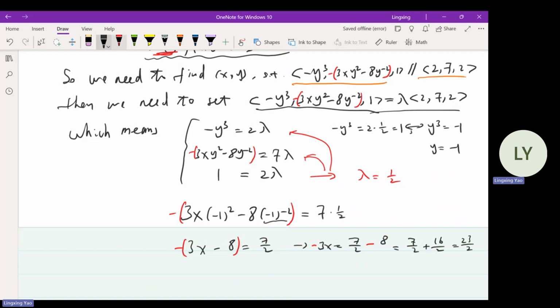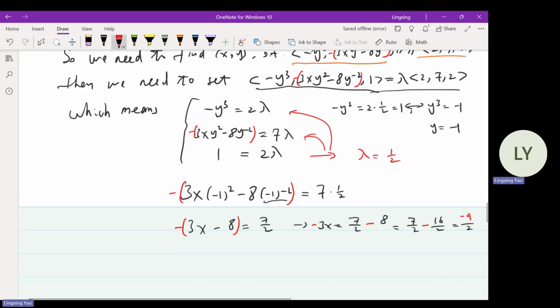That's interesting. This is 7 minus 16, which is negative 9, right? Okay, so now we have negative 3x equals negative 9 over 2.